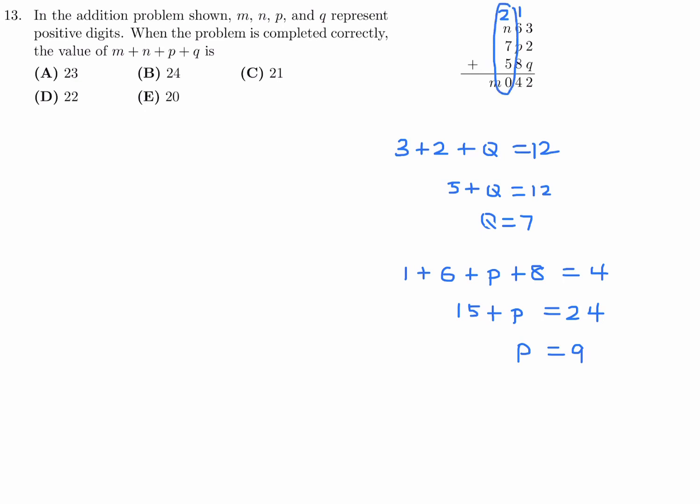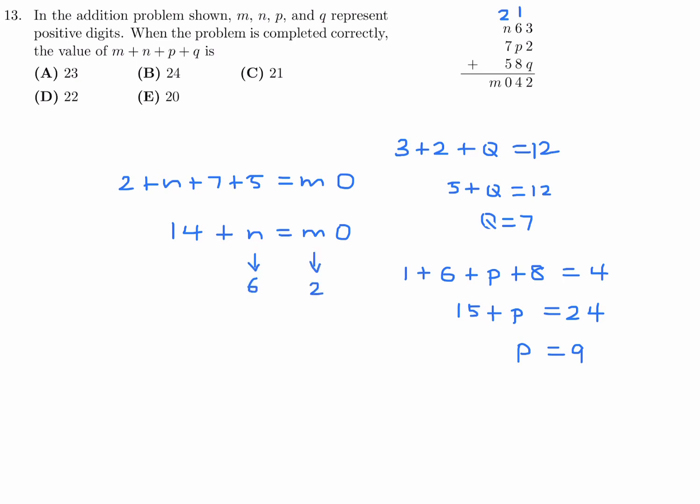Now let's concentrate on that column, and it might as well include the M in there. So that gives me 2 plus N plus 7 plus 5 is equal to M and then a 0. So this is 14 plus N is equal to M0. The only way this would work is if N is 6 and M is 2.